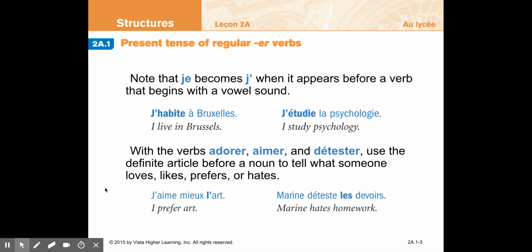So if you're expressing an emotion about something, you're always going to use the definite article. J'aime l'art, j'aime mieux l'art, je déteste l'art, depending on your preference about art. J'aime les devoirs, j'aime mieux les devoirs, je déteste les devoirs. You're always going to use the definite article when you're talking about those verbs of emotion.